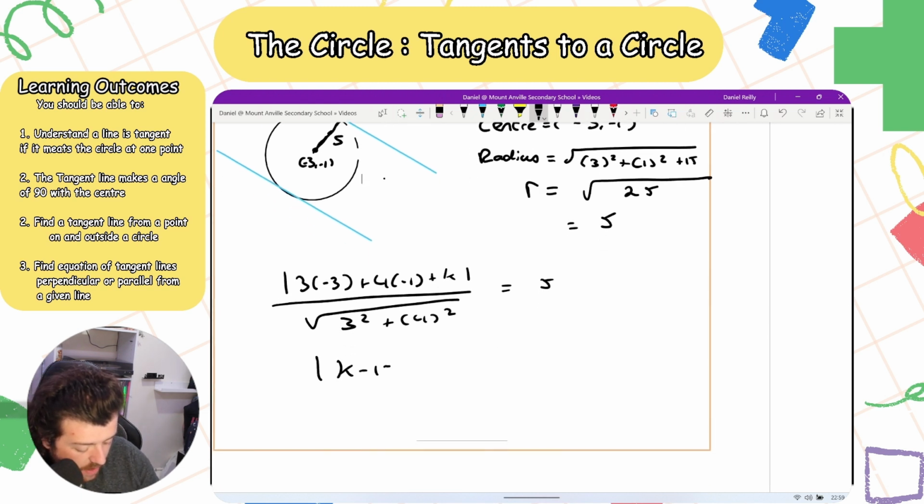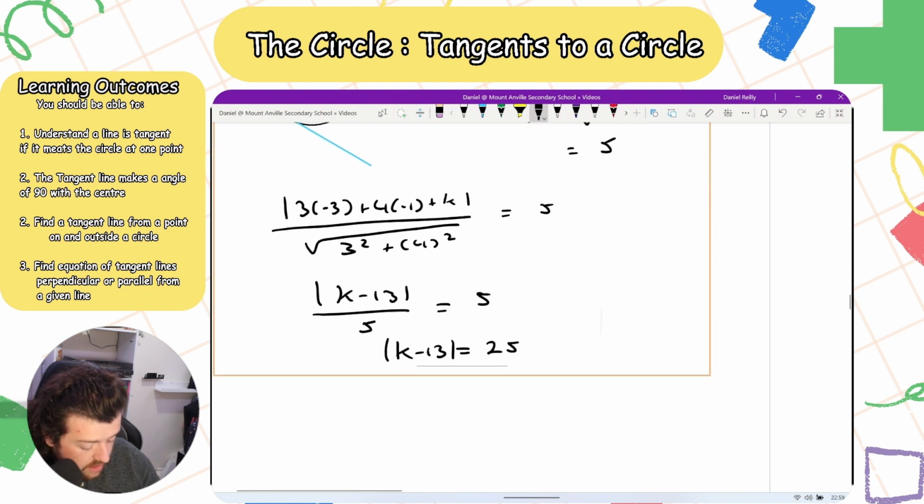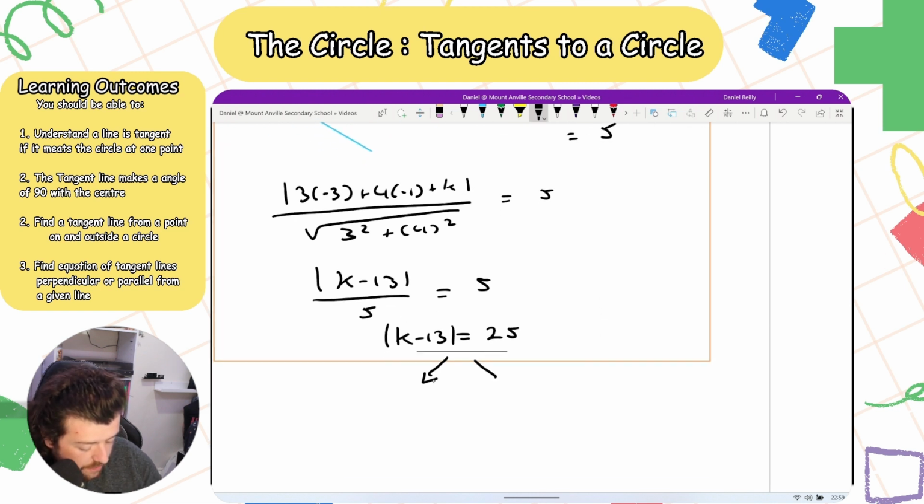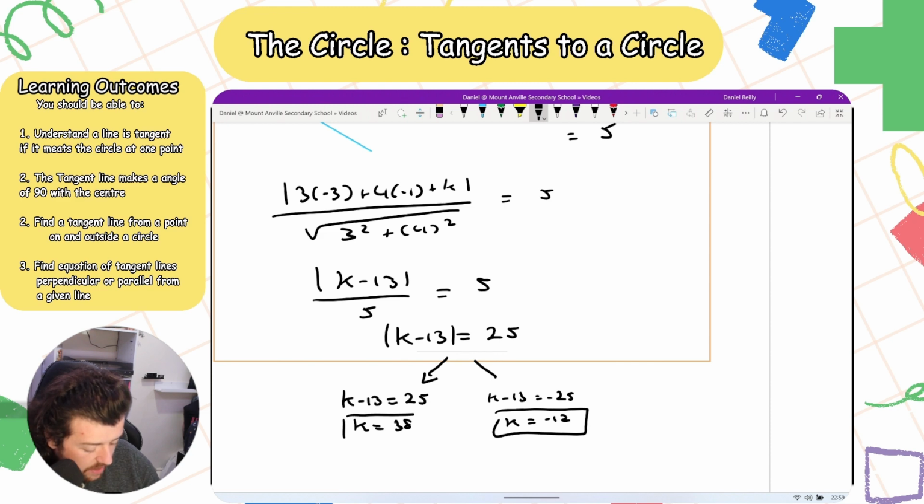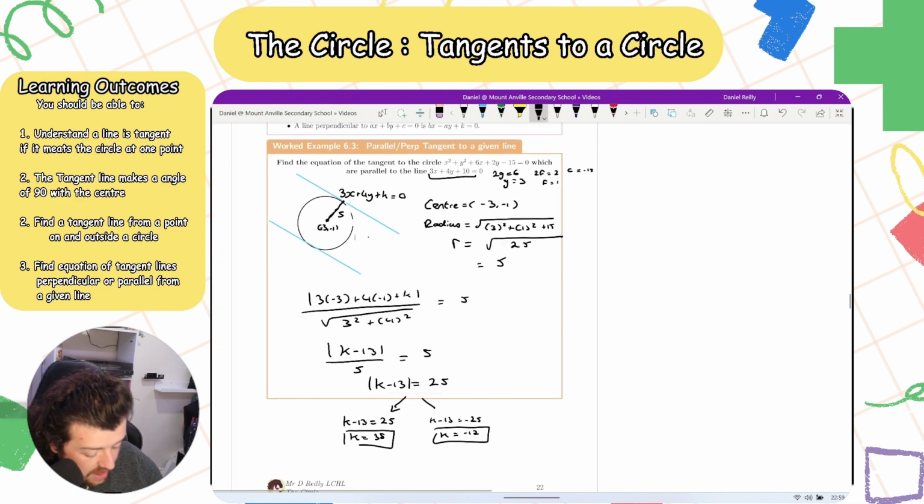I'm going to get k minus 13 on top, 5 on the bottom. K minus 13 is equal to 25. The absolute value of k minus 13 is 25. So k minus 13 is equal to positive 25, k is equal to 38. Or k minus 13 is equal to minus 25, so k is equal to minus 12. And there are my two values of k.